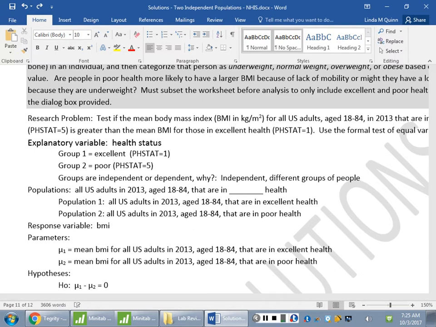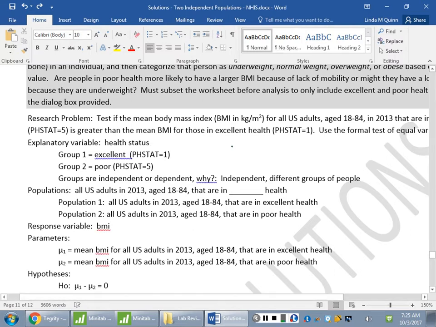We're trying to check whether the mean for poor health is greater than the mean for excellent health. Now I'm going to stick some numbers in, so that would mean mu for group 2 is greater than the mean for group 1.